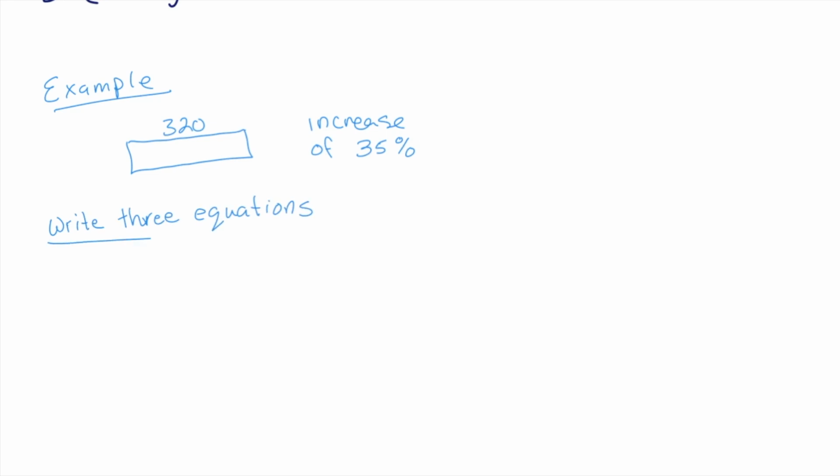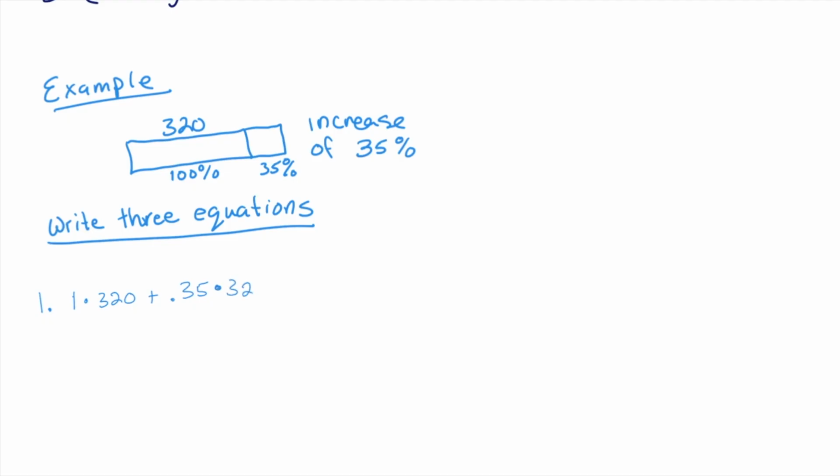The first one's going to be looking at just the sections of each one, the parts. So I want to have 100% of 320. So that's my original. So 100% times 320 plus that 35% of 320. So there's my first equation.